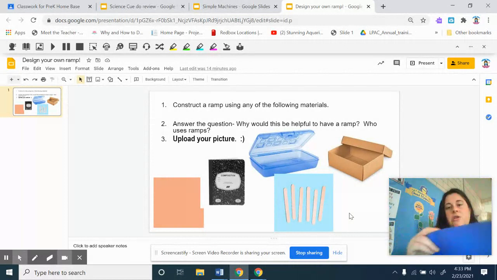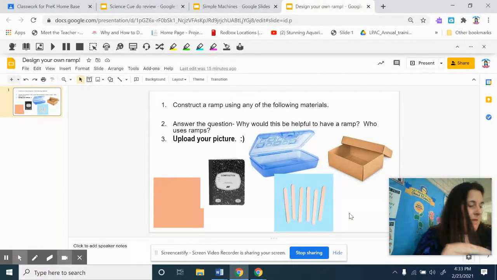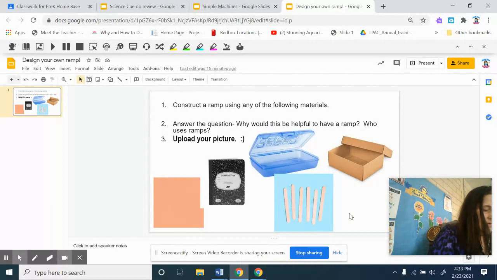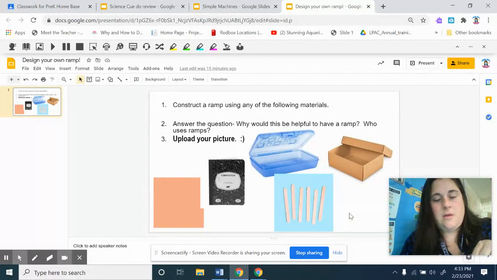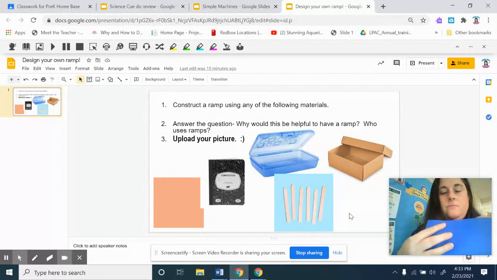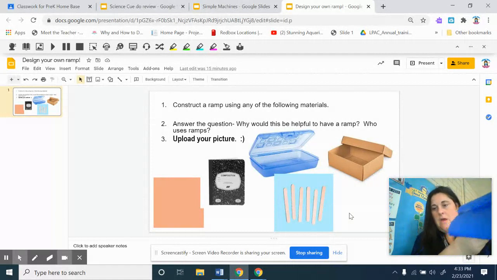I'm going to fold it. And then I'm going to close it inside of the box. And I'm going to maybe do a backflip or something. Fold it backwards. Okay, and there is an example of an incline.